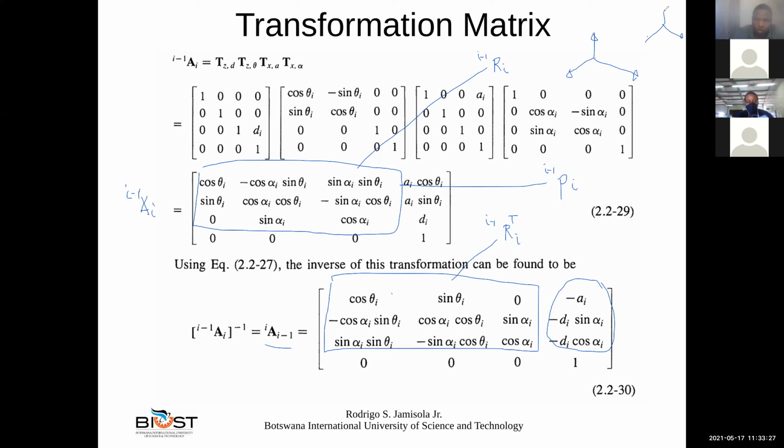If this is frame I-1 and this is frame I, and this is your position vector from I-1 to I, that's your position vector.